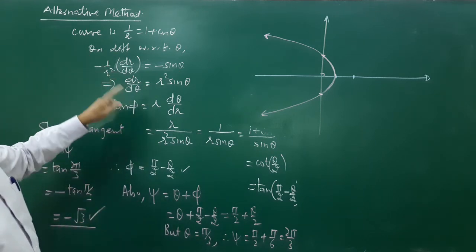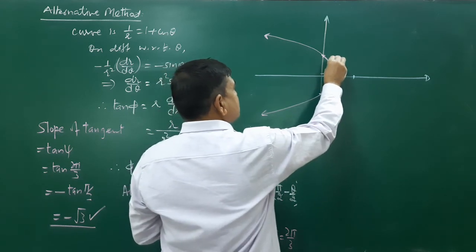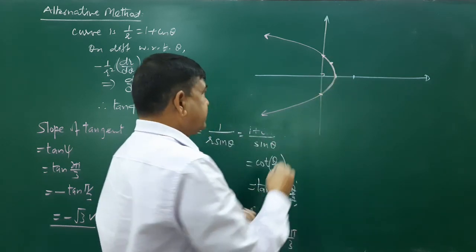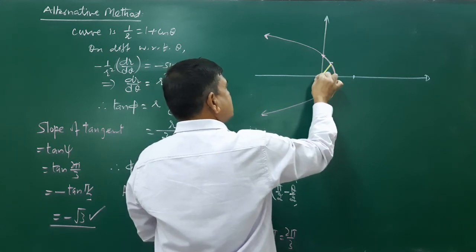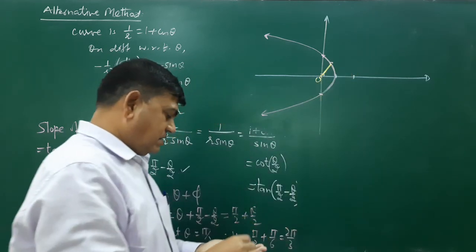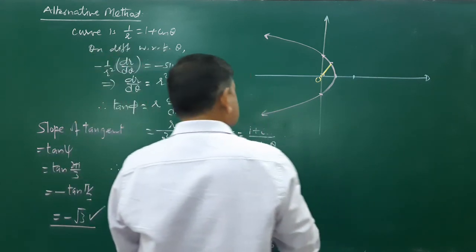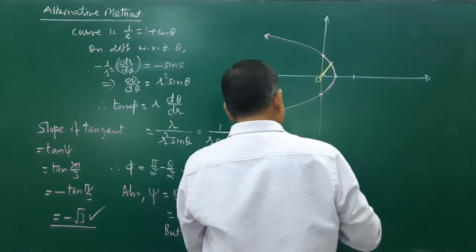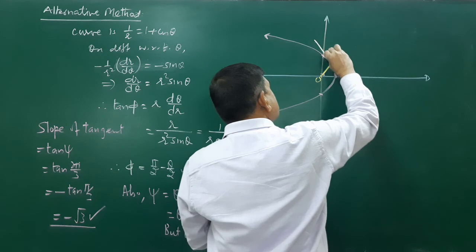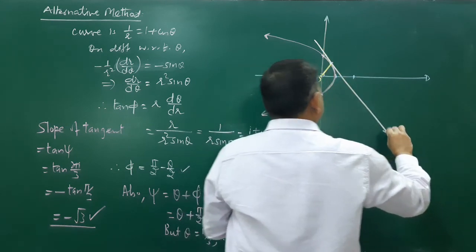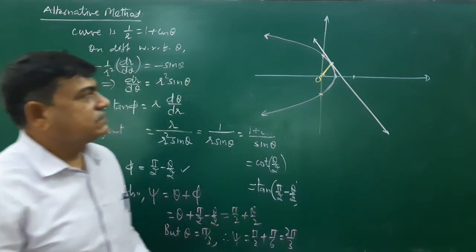Now the tangent is drawn at theta equal to pi by 3. So here is the point. This is the radius vector, and this is the tangent at this point.